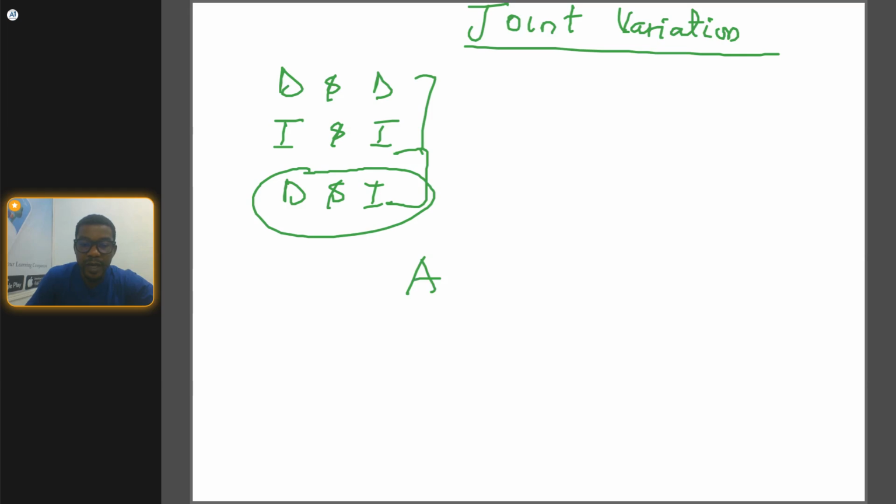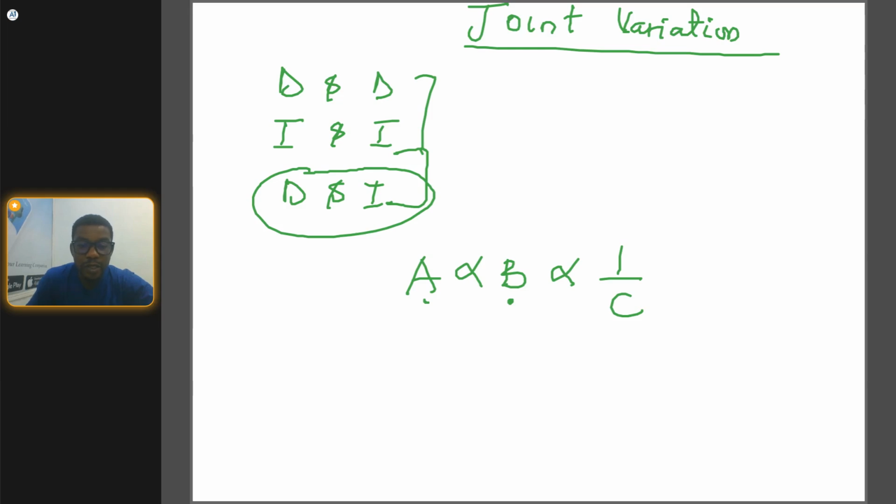A varies directly as B and inversely as C. So you can see the expression now that we have three variables, A, B, C. Now we can merge these together to form a single relationship.